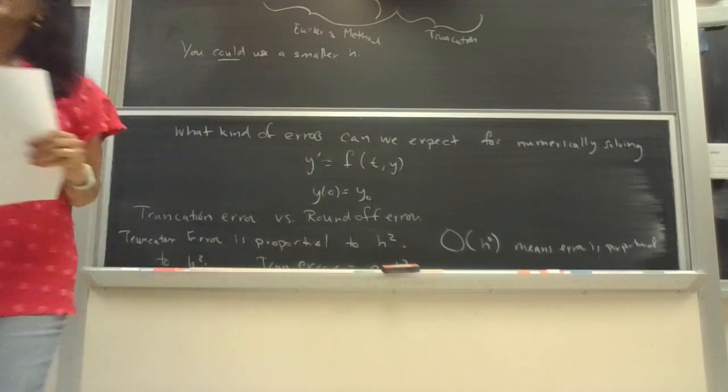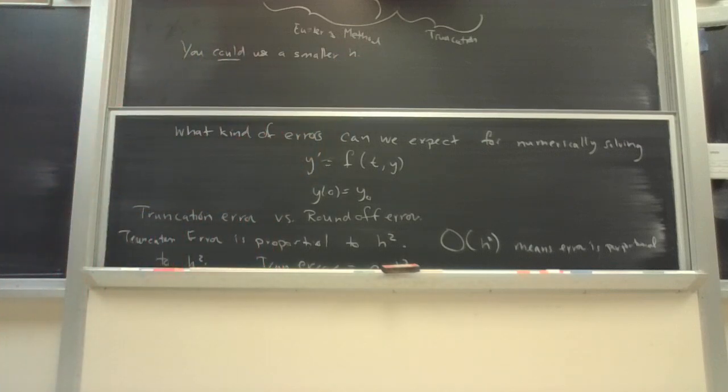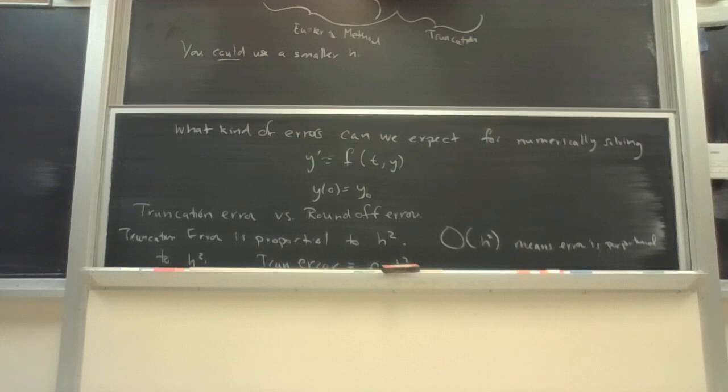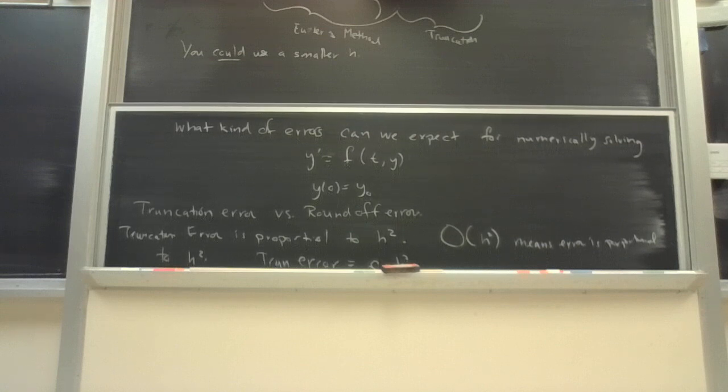You could use a smaller h, but this becomes a problem. I actually tried this. I remember in one of my numerical classes, there are these differential equations that are called stiff. They change direction really fast and have sharp movements up and down, and your code just blows up. It won't work because your derivative is just too steep, so when you discretize the derivative, it's going to freak out.